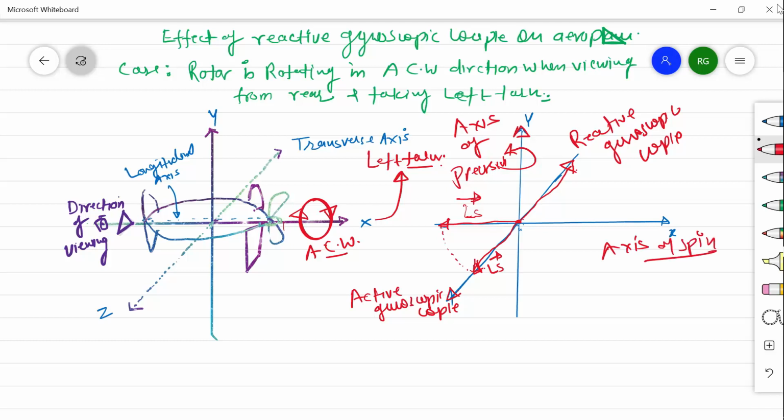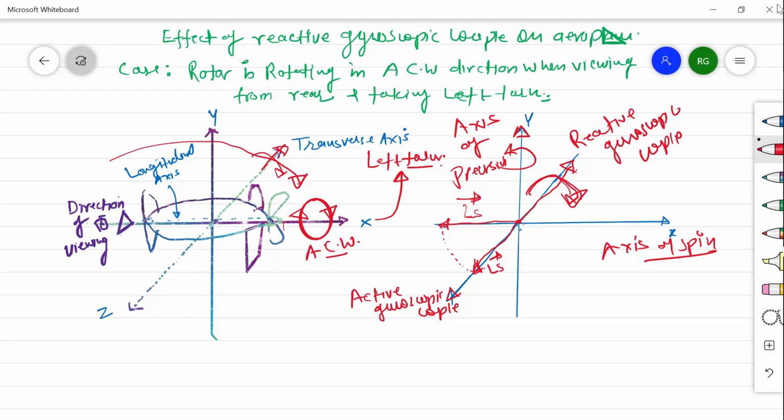So if this is the direction of the reactive gyroscopic couple, then we know that the sense of rotation would be in this direction. So if this is the reactive gyroscopic couple acting on the plane, the effect on the plane is in this direction.